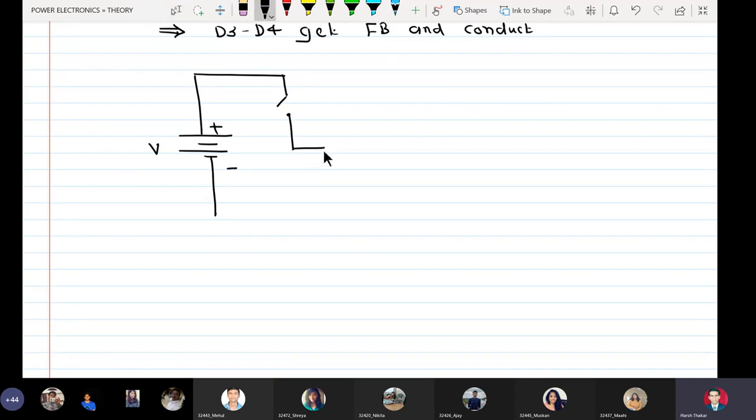Here there is this diode D4, which is forward biased. Here I am having R, here I am having L, and here I am having L di by dt. Here also, if we see carefully, there is the diode D3.